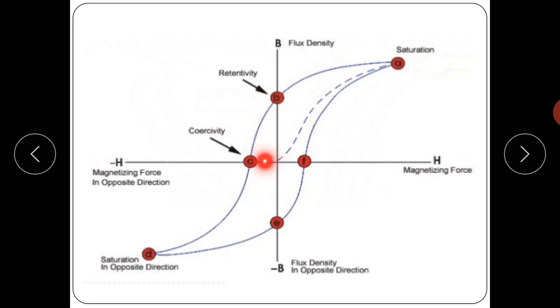Suppose a magnetic field is applied in the reverse direction, equal to OD, from point O to point D. At point D the remnant flux density becomes 0. The field applied in the reverse direction that makes the remnant flux density 0 is called the coercive force. You can also call it coercive force.